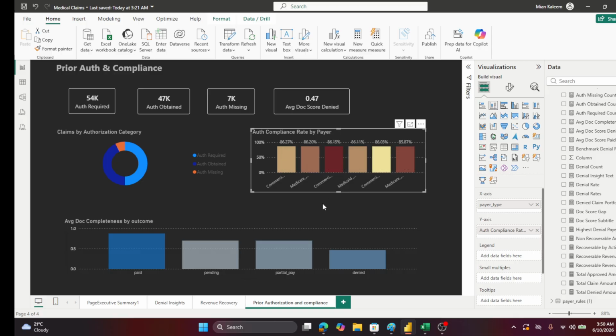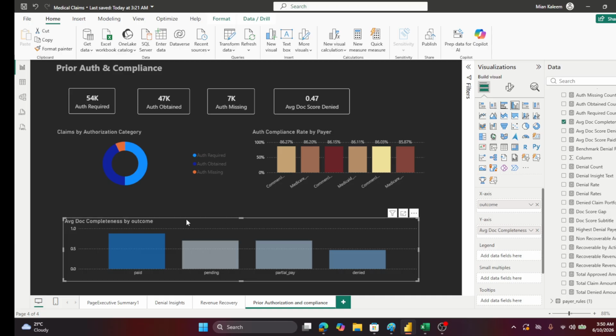These are the authorization compliance rates by payer. Hospitals made the compliance according to these payers. Average document completeness by outcome: paid 87%, pending 0.70, partial pay 0.70, and denied 0.47.